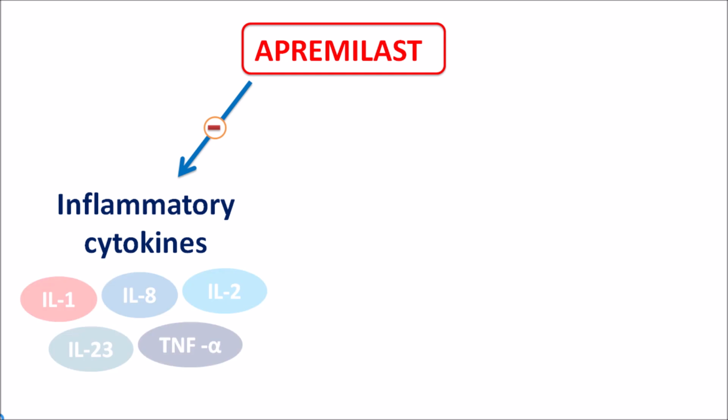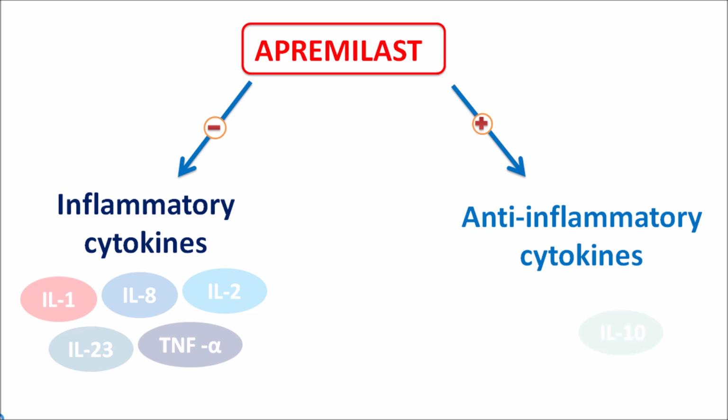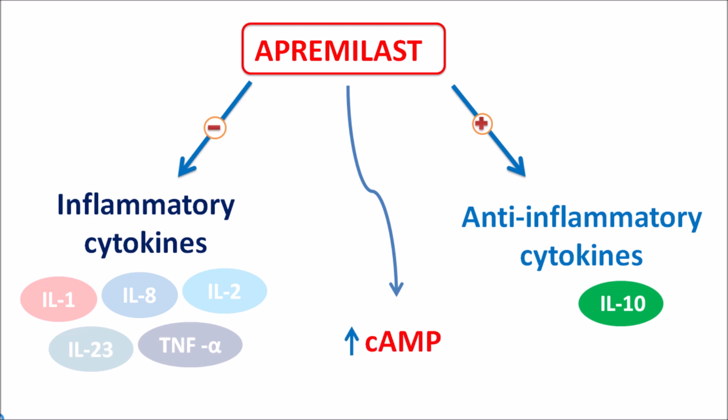At the same time, this drug may stimulate the release of anti-inflammatory cytokines such as IL-10. In this way, Apremilast can reduce the inflammatory response as well as increase the anti-inflammatory mechanisms. And all these actions are mainly attributed to its action on cyclic AMP. So this drug is going to increase the intracellular cyclic AMP levels, which reduces the inflammatory cascade.